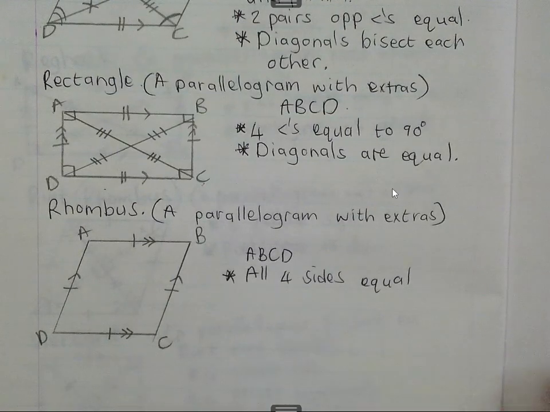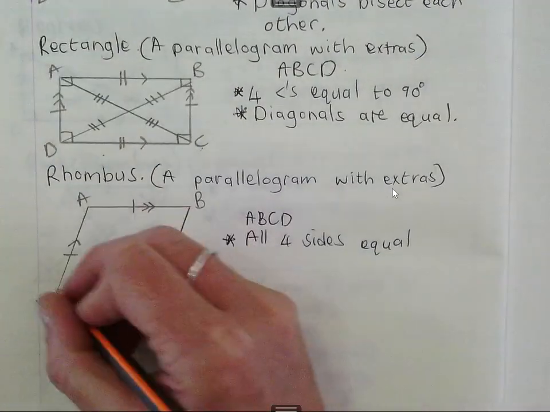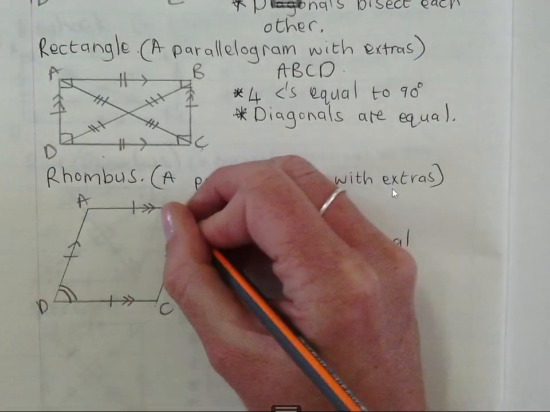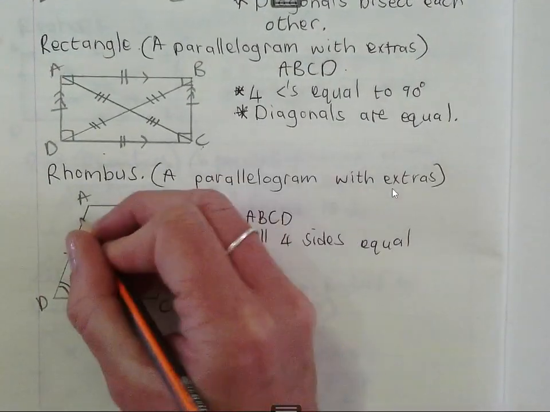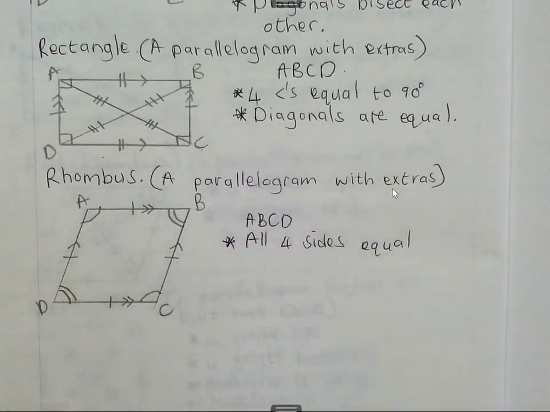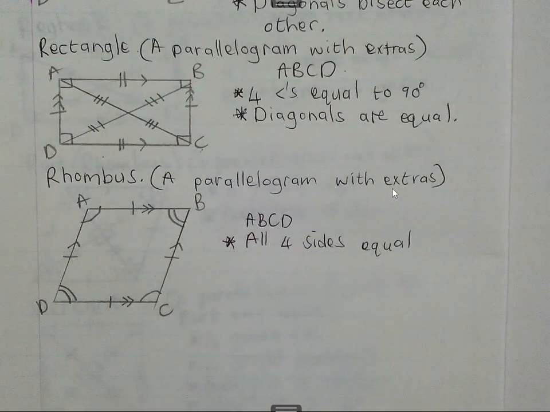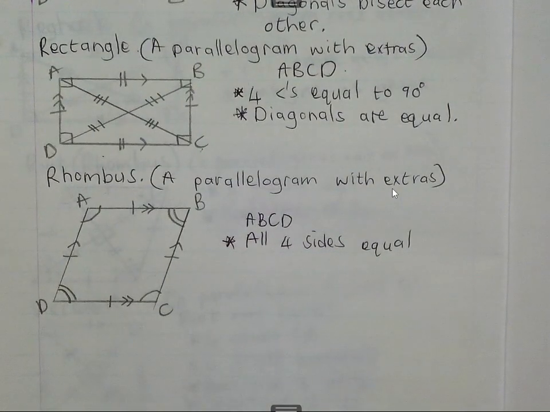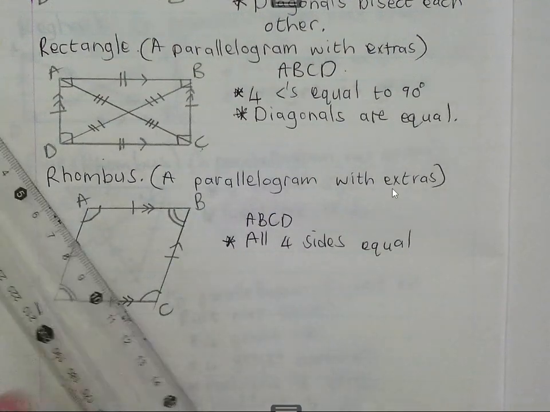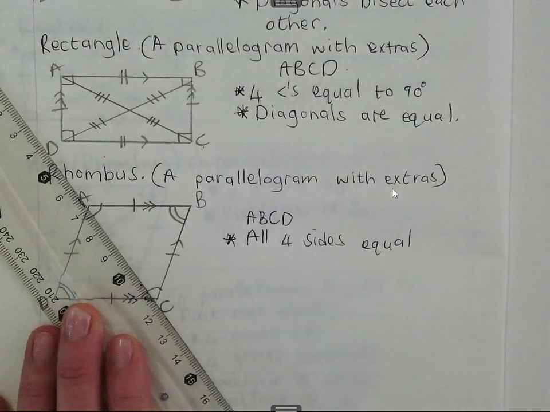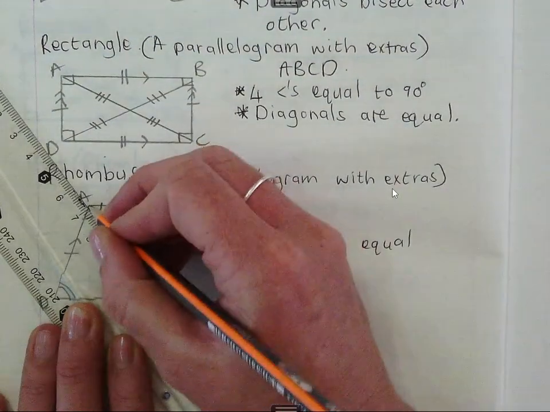I know this is a doctor, so therefore it's got two pairs of opposite angles equal. Can you see that they're not all equal to each other like the rectangle? The A and C are obtuse angles and B and D are acute angles. They're not the same. So the difference here is all four sides equal. Nothing funny with the angles, it's the same as the parallelogram.